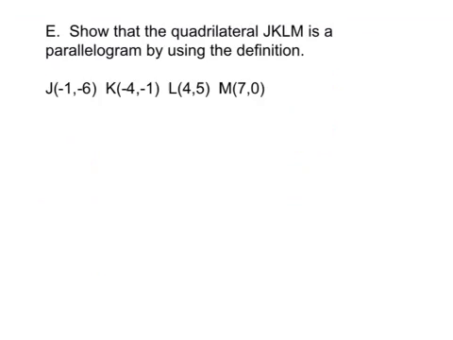For practice problem E, it says show that the quadrilateral JKLM is a parallelogram by using the definition. So what you're going to do is you're finishing this problem by yourself, and when you come to class on Monday, it needs to be finished. I'll help you get started. What I want you to do first is plot these 4 points.